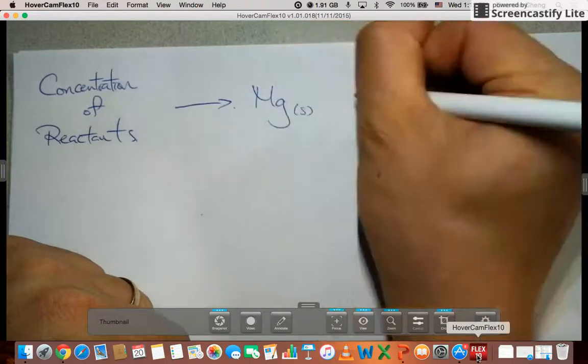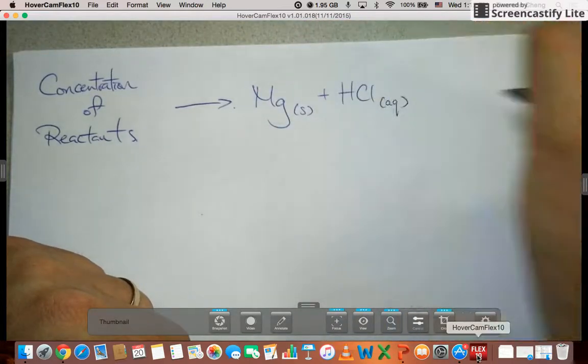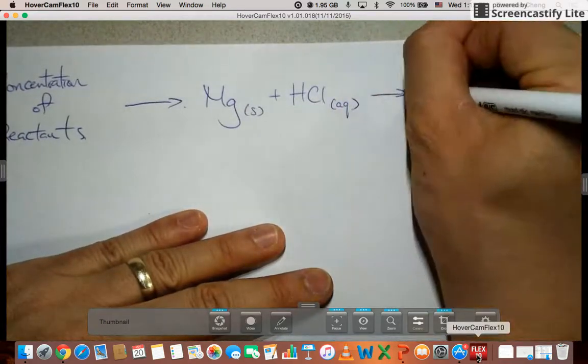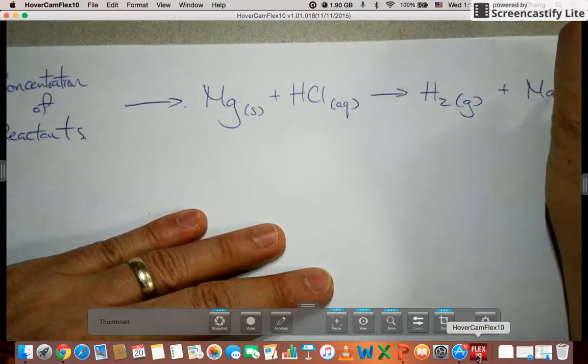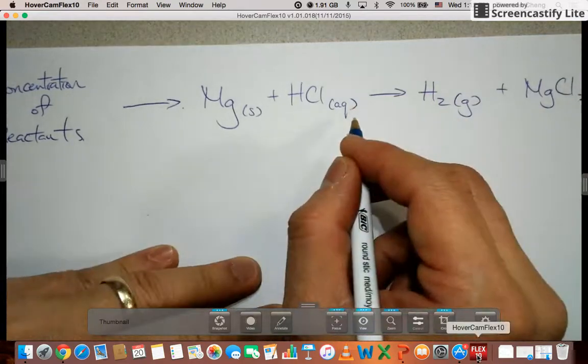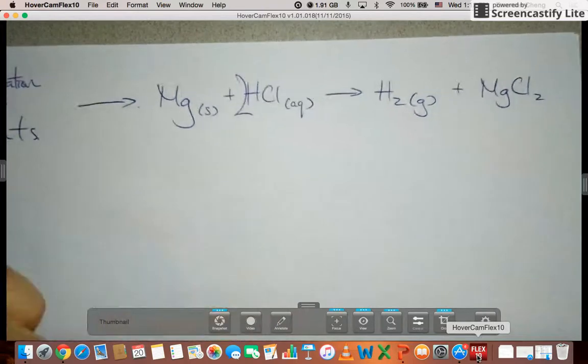Magnesium strip, solid, plus HCl, hydrochloric acid. This gives you hydrogen gas, as well as magnesium chloride. So in this case, you put that in, put a big 2 in front of it.